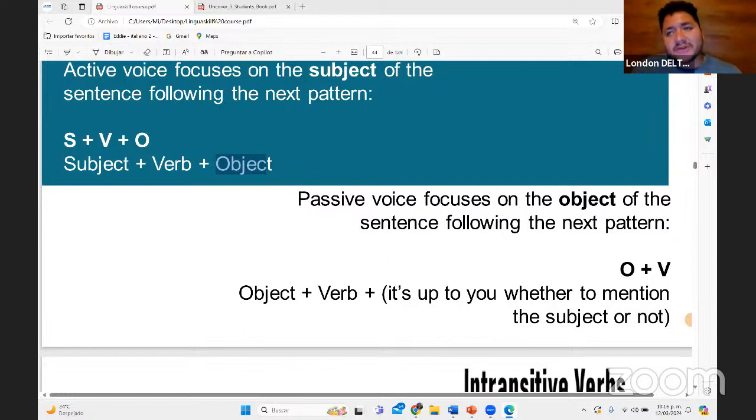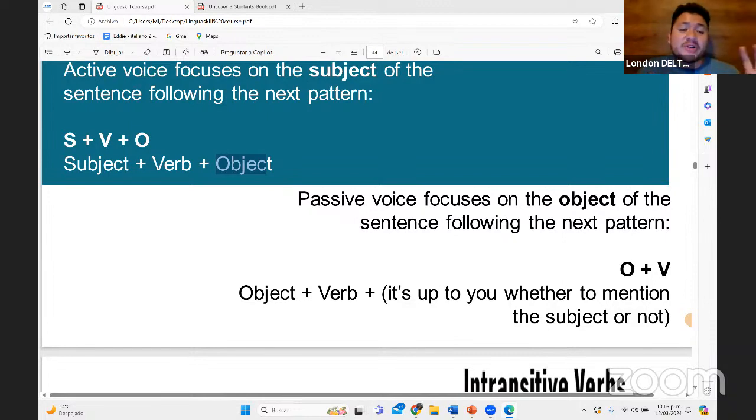Sometimes students say the subject is the person who does the action, but it's not always the case. Hay sujetos que no son personas. Un sujeto es cualquier cosa que pueda realizar una acción. So, hay objetos, digamos, por eso se confunde, ¿no? Because people think object, que un objeto es un objeto, ¿no? O sea, es algo, es una cosa, ¿no?